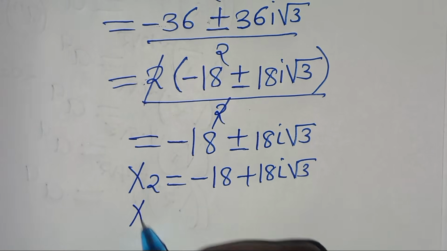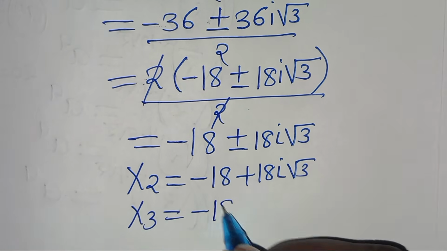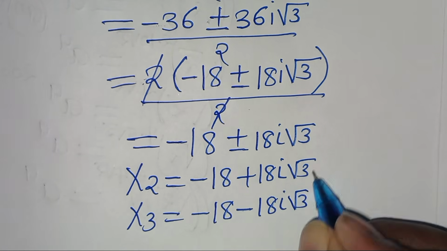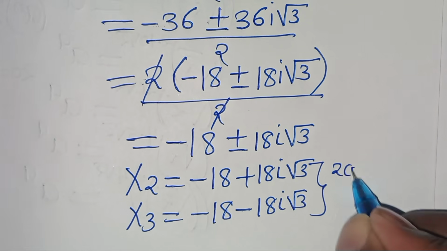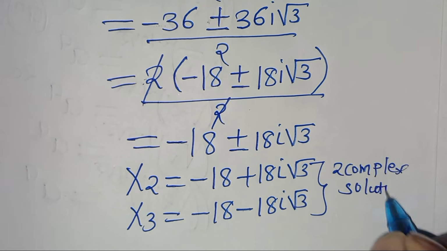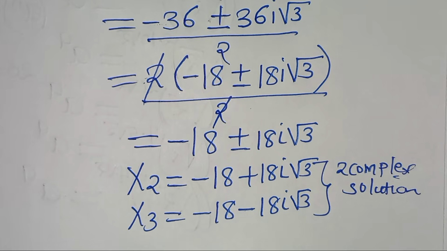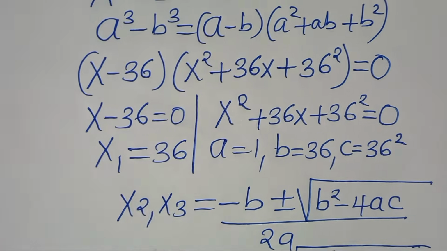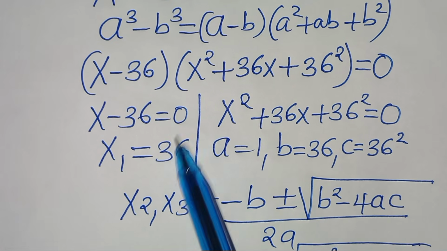Then we have x3, which is negative 18 minus 18i square root of 3. Now these are two complex solutions for this algebra problem. So we have two complex solutions and one real solution, which is x1, which is 36.